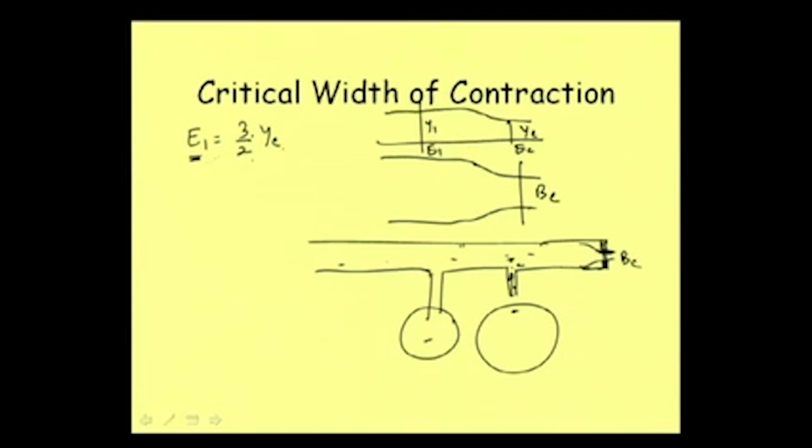So we can write E1 is equal to 3 by 2 of YC. Now, what is YC? We already know that YC is nothing but Q by BC, that is the unit width discharge, squared, divided by G, that is (Q square by G) whole to the power 1/3.